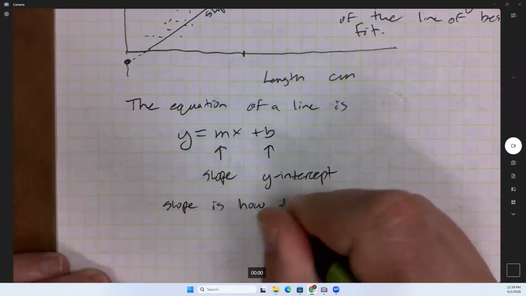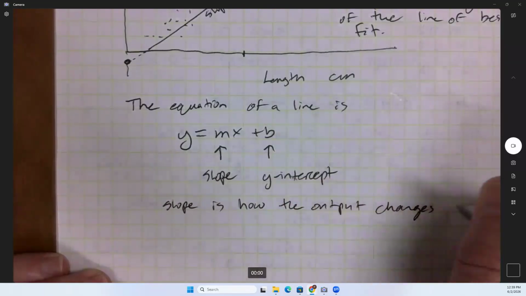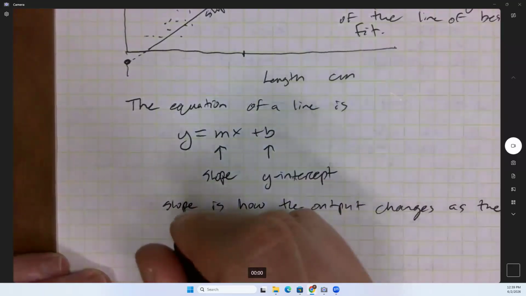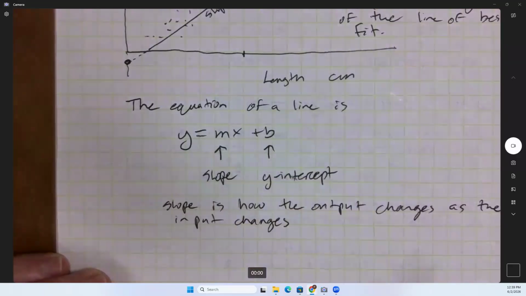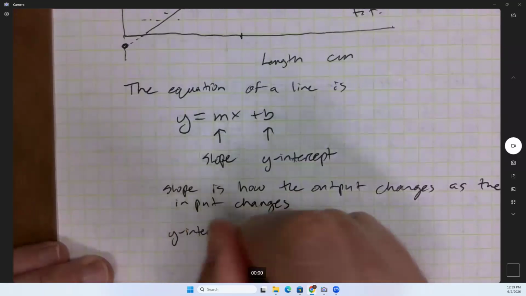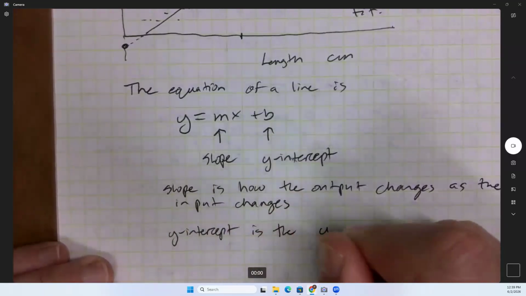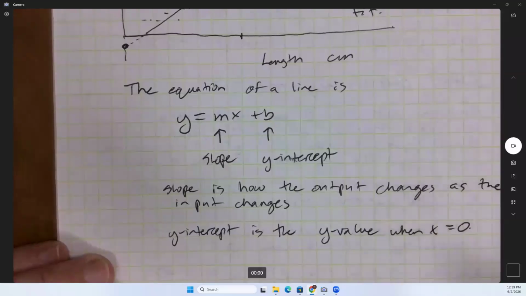The slope is how the output changes as the input changes. And the y-intercept is the y value when x equals 0.